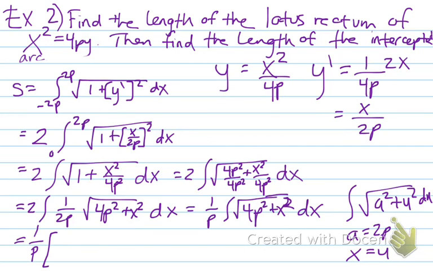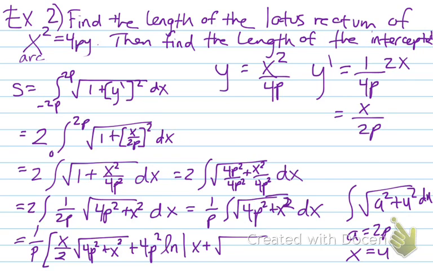So when I integrate it, I get x over 2 times the square root of 4p squared plus x squared plus 4p squared ln of the absolute value of x plus the square root of 4p squared plus x squared. And that's all from 0 to 2p. So again, check that integral to make sure that it makes sense to you, how we got the integral of the square root of a squared plus u squared to be this.